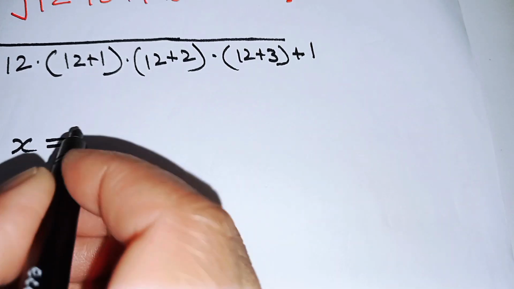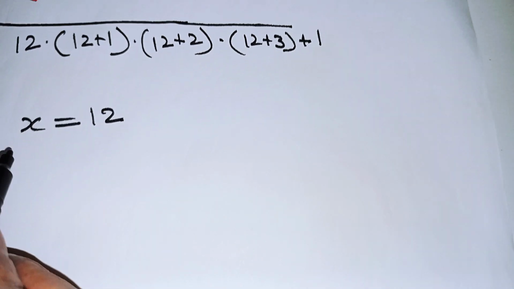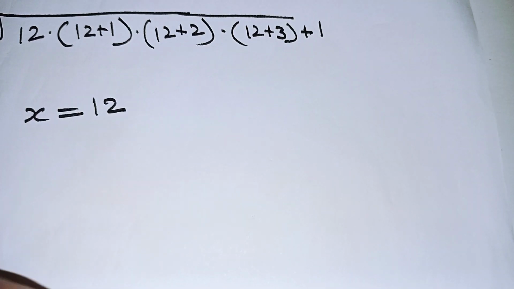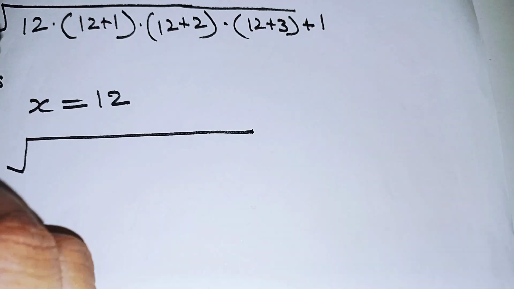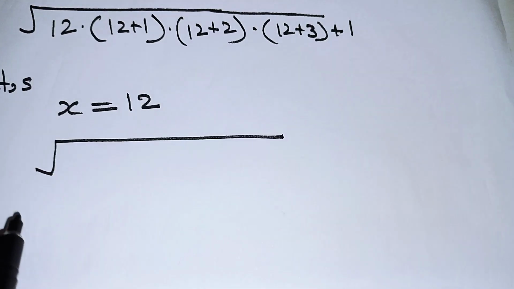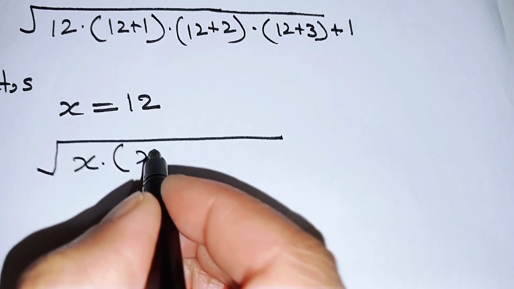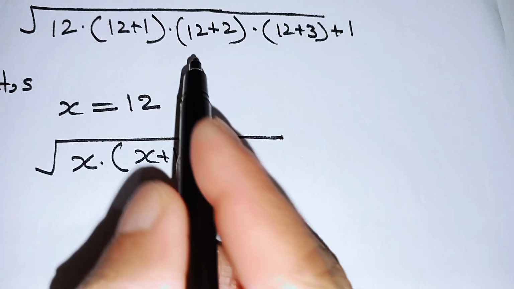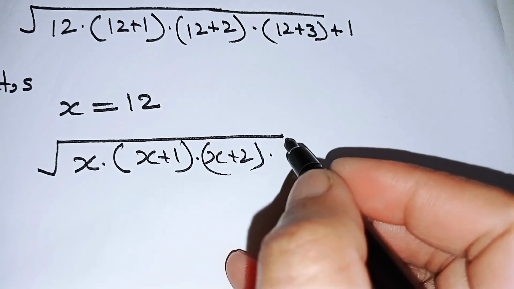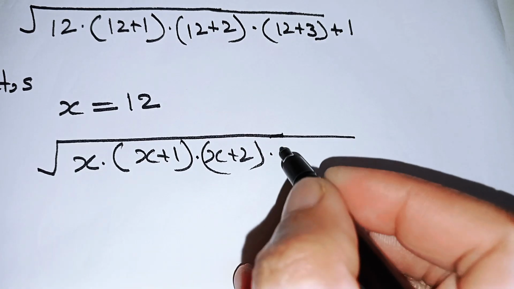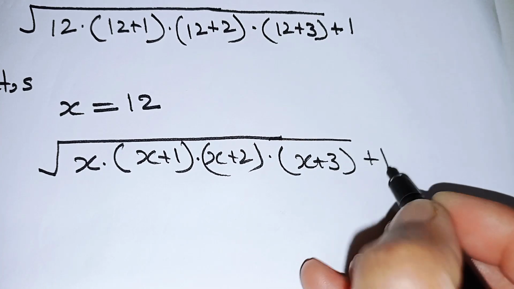And now here we consider 12 as x, let x equal 12. Now we substitute and put the value of 12 as x, and we can write this as x times x plus 1 times x plus 2 times x plus 3, bracket, plus 1.